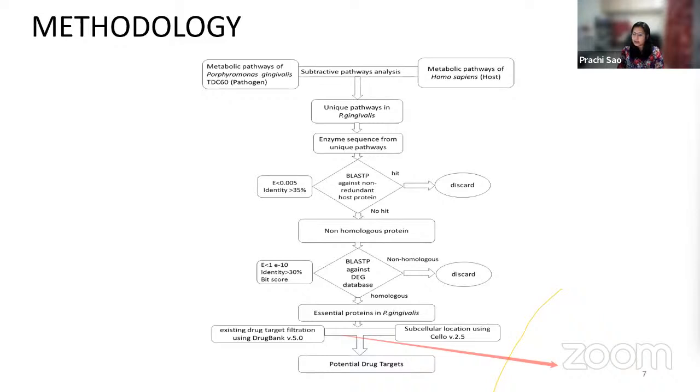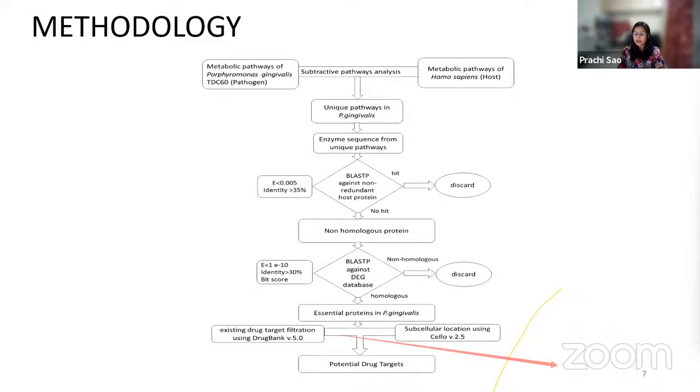So in general, the preferable subcellular localizations are the cytoplasmic ones and the membrane proteins. So we will look at the location of that particular protein, whether it is accessible or not. Here in this study I have used the CELLO tool, but there are many different tools available which can be used for this study.